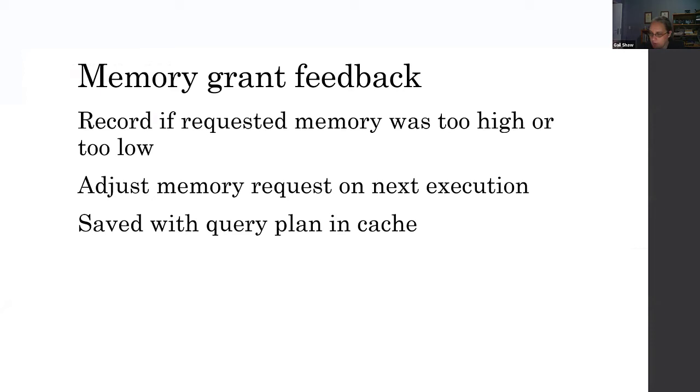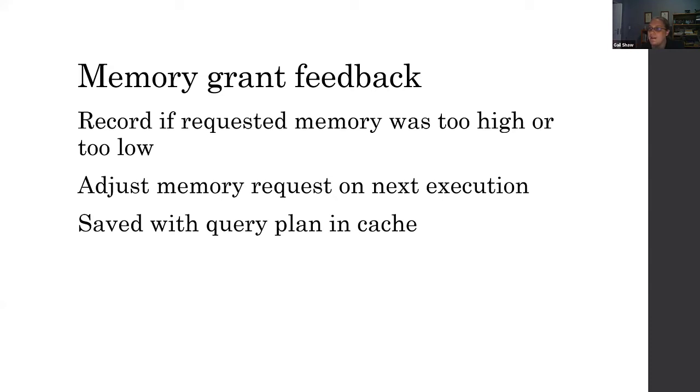Not the amount granted, but the amount that was actually needed. After the query completes execution, if the memory grant was too high, it is adjusted down. If it was too low, it's adjusted up.